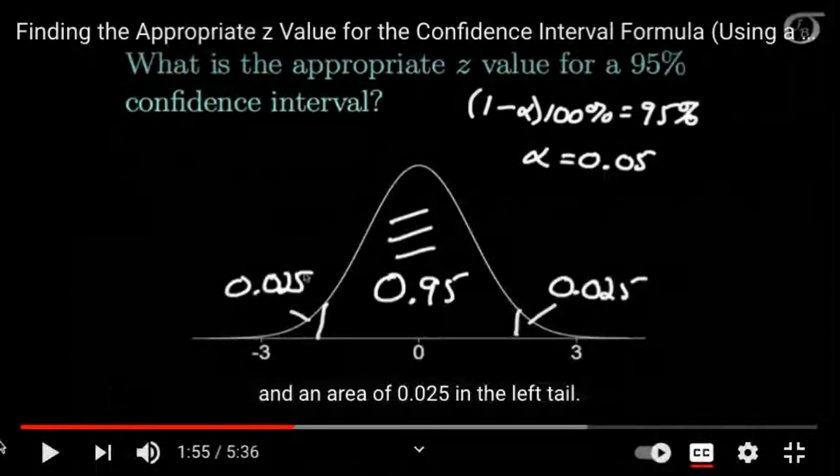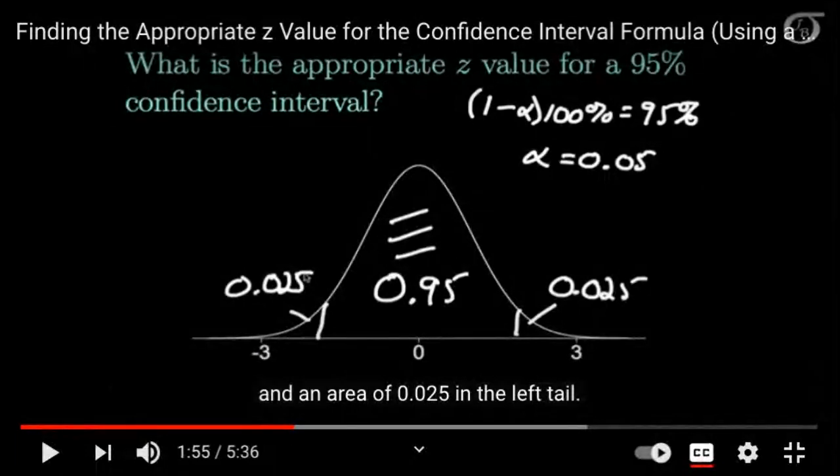Okay, again, that's important. So remember, this is the 95% in the middle here. We have alpha is 5%. Because this is a normal population, we split it where the 0 is.